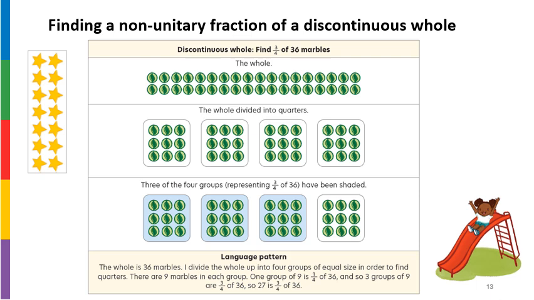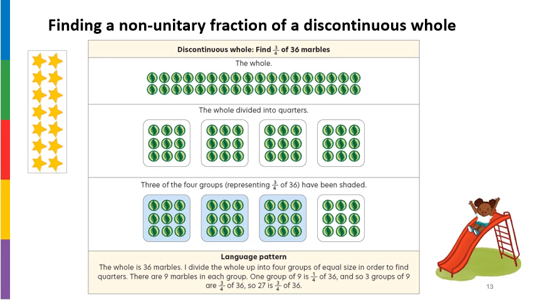Okay, so in that picture you see the whole divided into quarters. There are 4 groups with 9 marbles in each group. Each of those groups represents 1/4 of the 36 marbles.